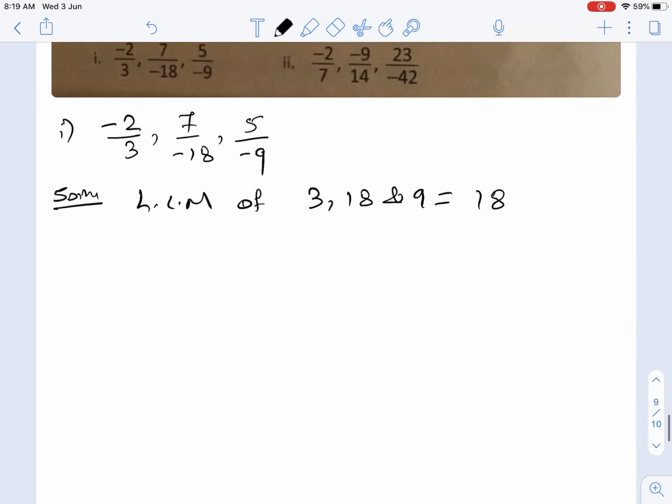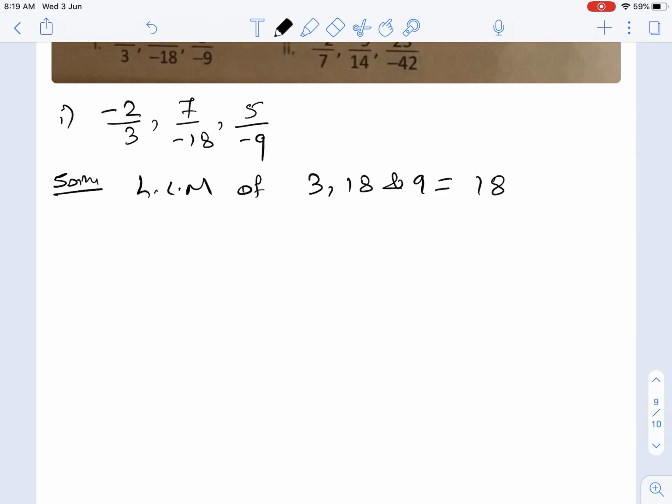Let us convert one by one. So now minus 2 upon 3 equals? Now what I told, we have to convert its denominator to 18. So what you will do is the same procedure as above: minus 2 into 3 into, now we have to convert the denominator to 18.